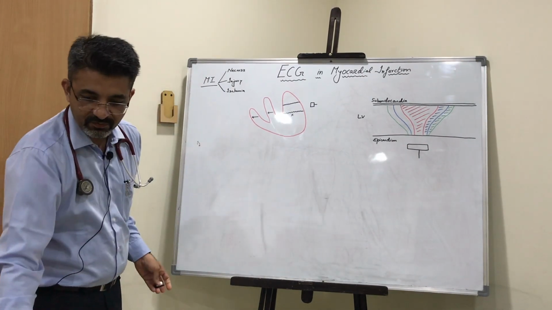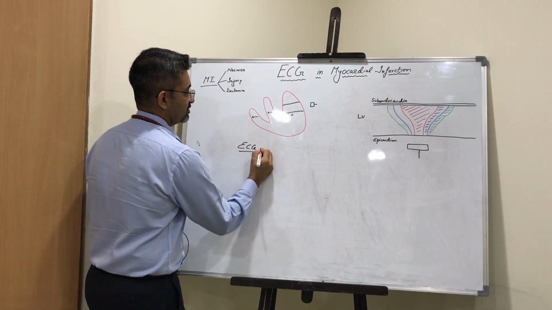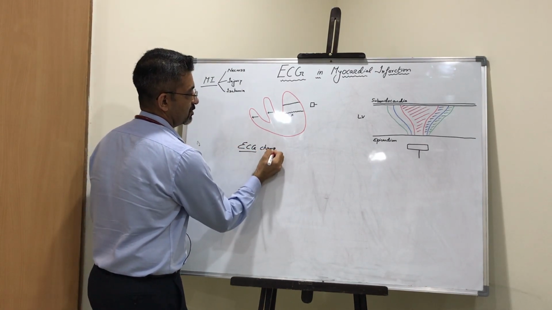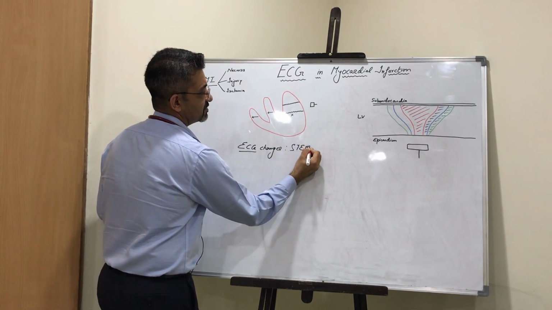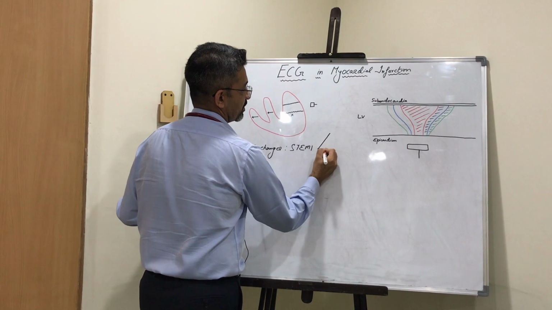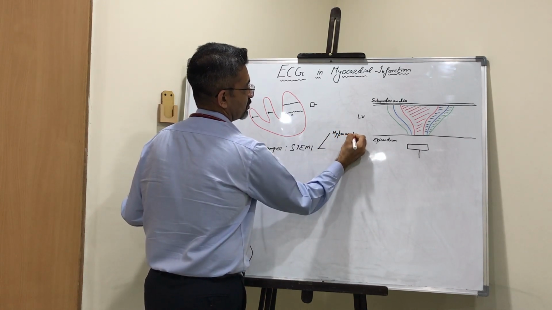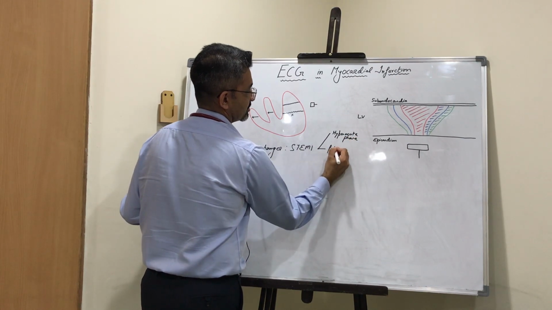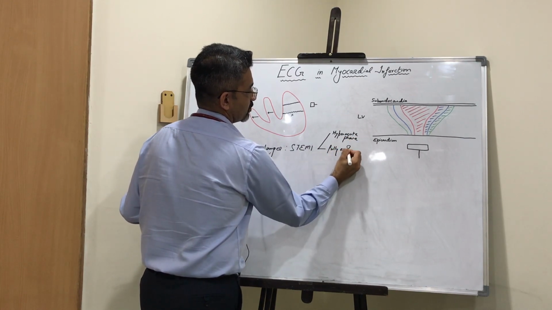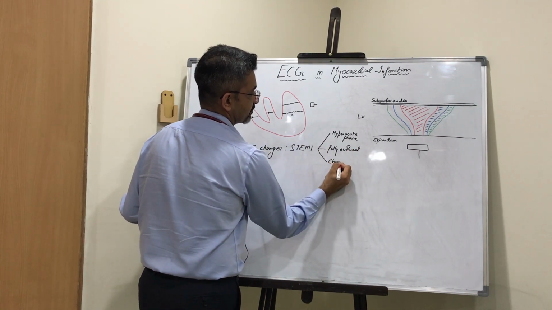When we talk of ECG changes in STEMI, these ECG changes can be classified into the hyperacute phase, fully evolved phase, and chronic stabilizing phase.